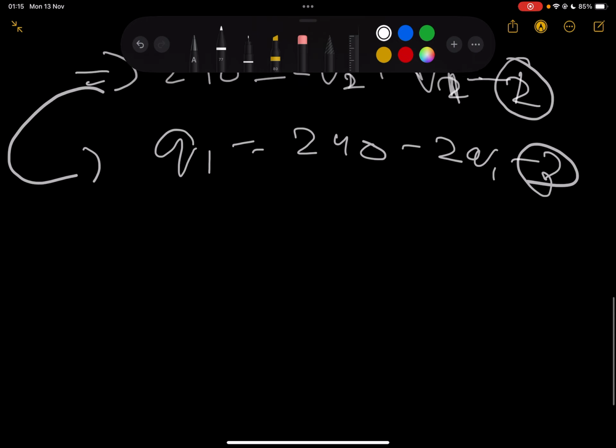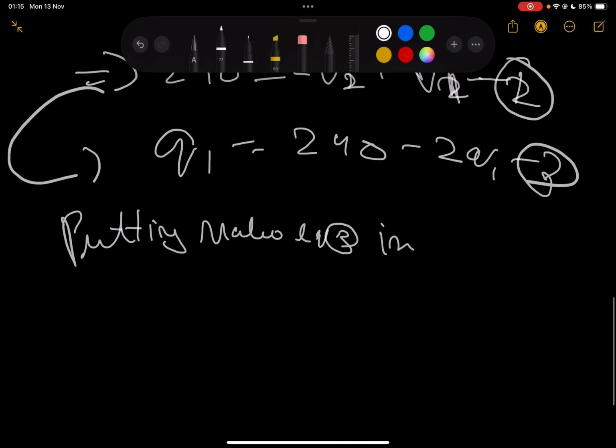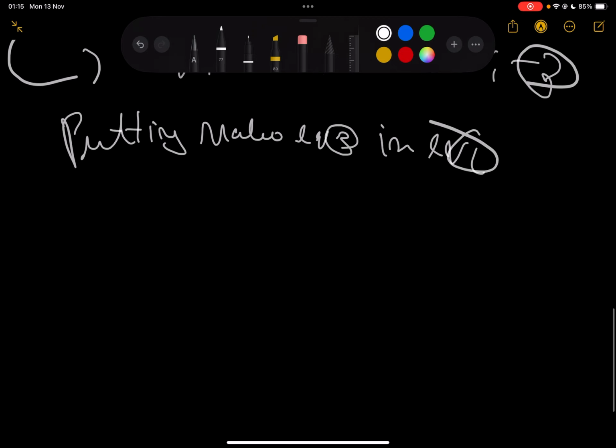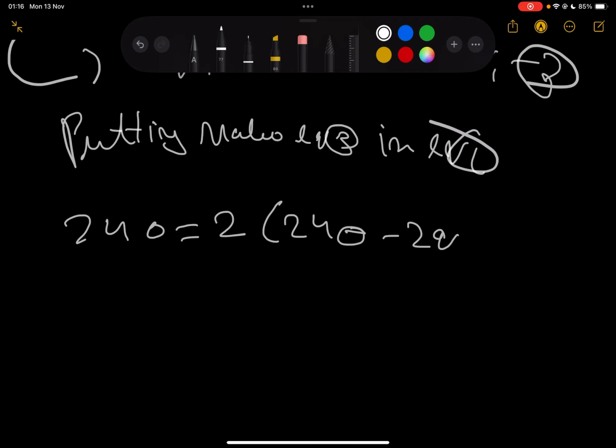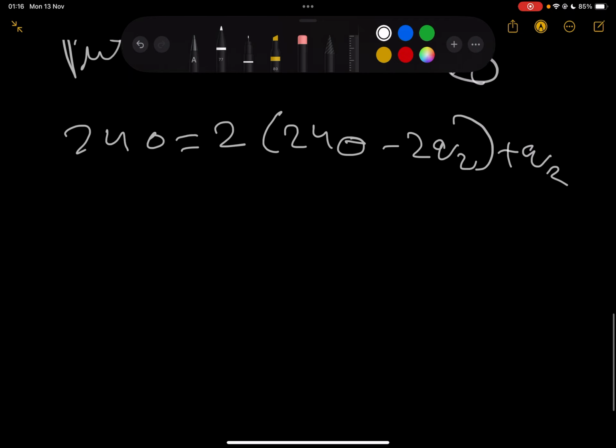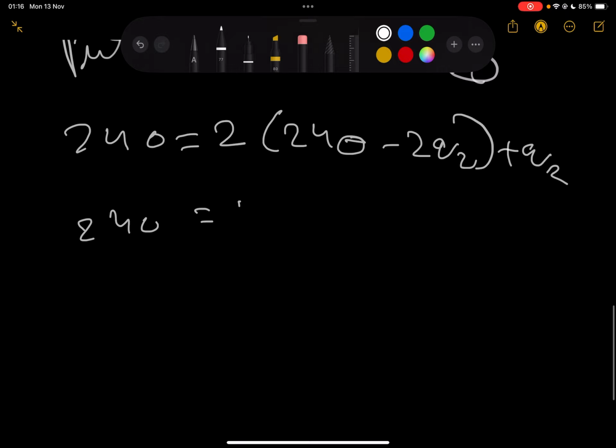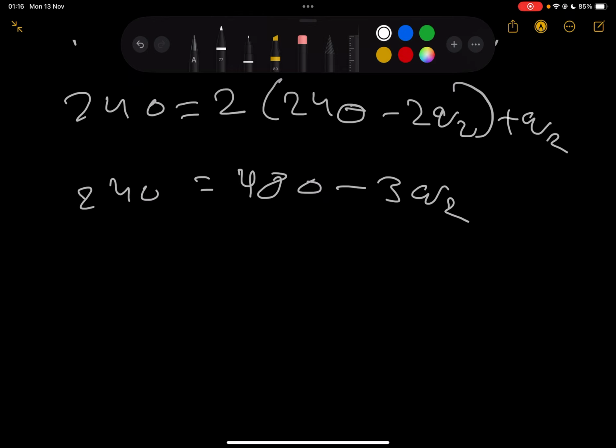Now putting the value of equation 3 in our equation 1, we get 240 is equal to 2 into 240 minus 2q2 plus 2q2, and that is 480 minus 3q2, and 3q2 is equal to 240, and q2 is equal to 80.